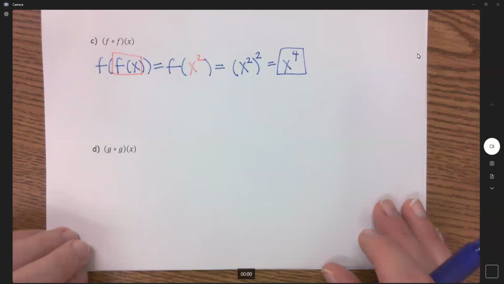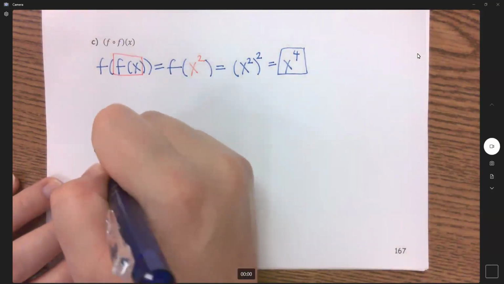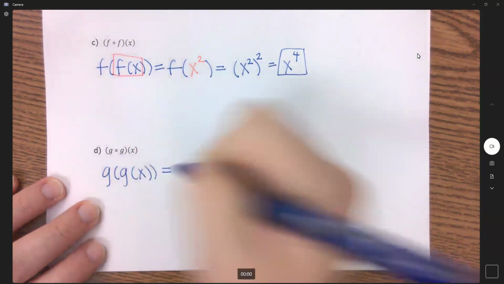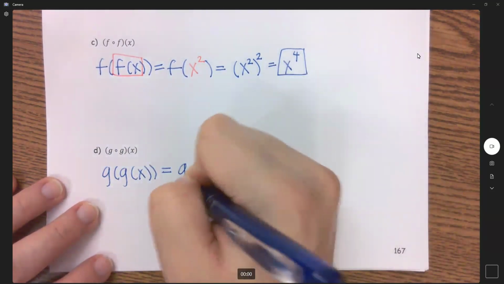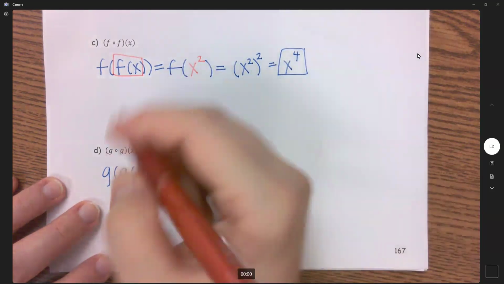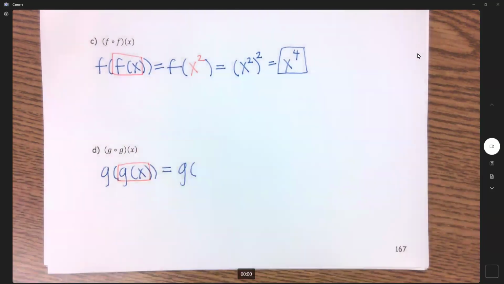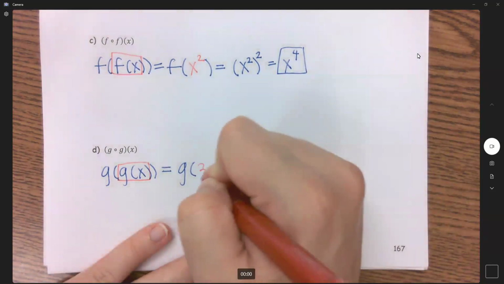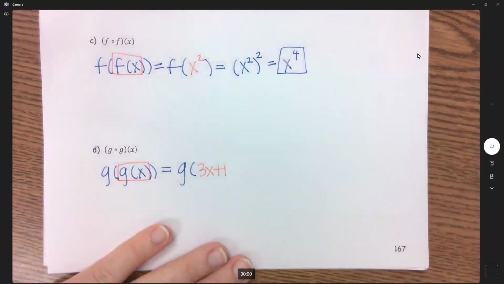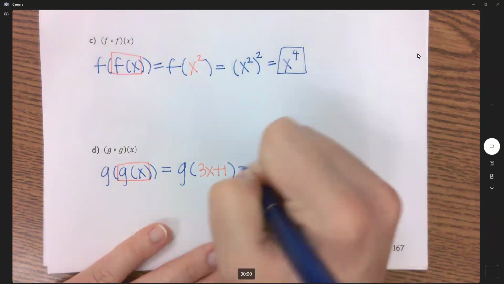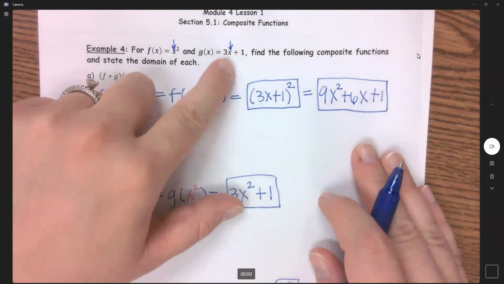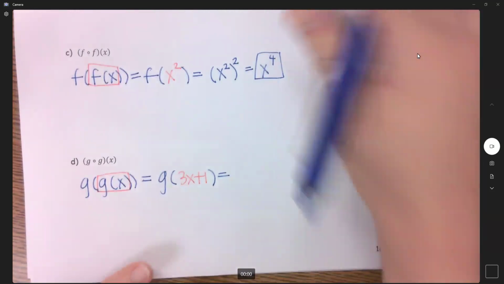And then our last one on this page, g composed of g of x is g of g of x. So replace your g of x with what it equals. We're starting inside. That is 3x plus 1. And now go back into your g of x and replace this x with 3x plus 1.